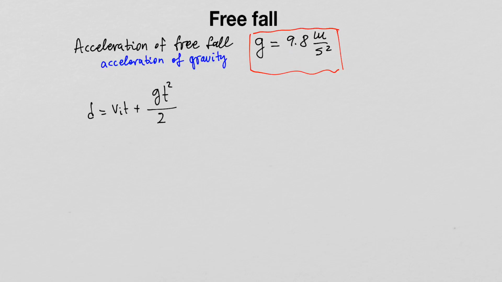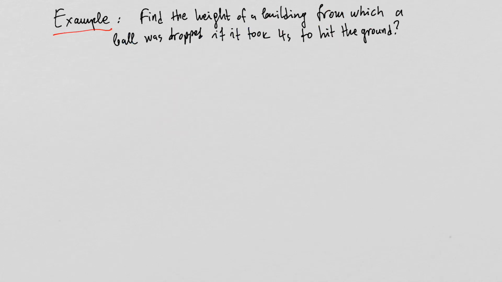It is the same formula as for the previous discussion, motion with constant acceleration, except now I replaced the general symbol for acceleration a with the more specific symbol for this case, which is g. And we again understand that g is equal to 9.8 meters per second squared. So the distance traveled is equal to the initial velocity times time of travel plus g times the time to the second power divided by 2. Let's look at the following example for free fall.